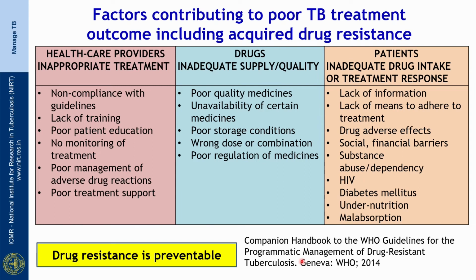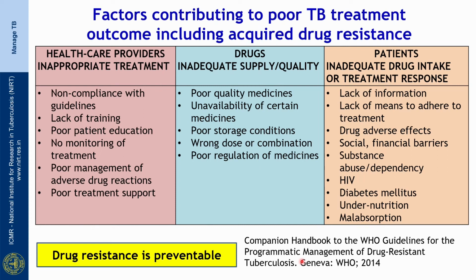Regarding the healthcare providers, we have to look for non-compliance with the guidelines, lack of proper training, poor patient education, not monitoring the treatment outcomes, poor management of ADRs and poor treatment support. This is from the healthcare providers.